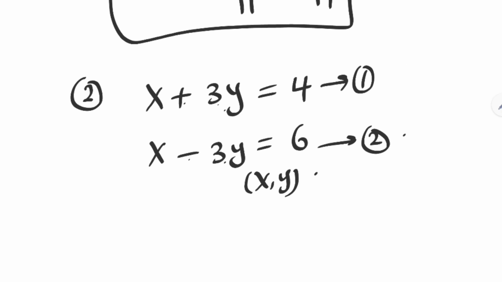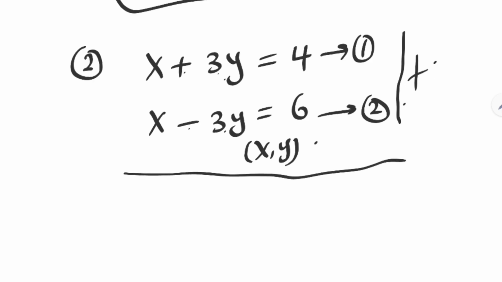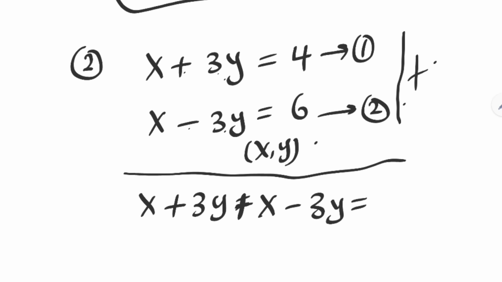Now, let us add the two equations together. This is x plus 3y plus x minus 3y is equal to 4 plus 6.